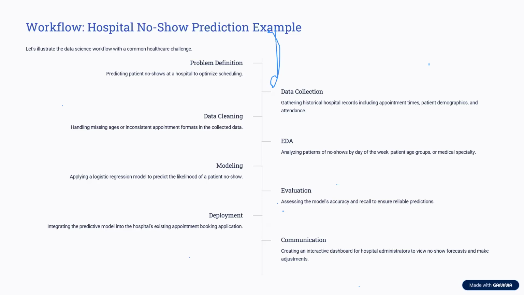Okay, break apart the example and give the respective components to the various components of the workflow. So for instance, we are looking at the hospital no-show prediction example. The hospital no-show is when patients skip their medical appointments in the hospitals. That is the hospital no-show scenario.